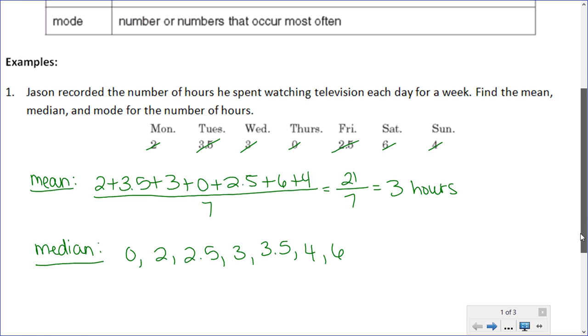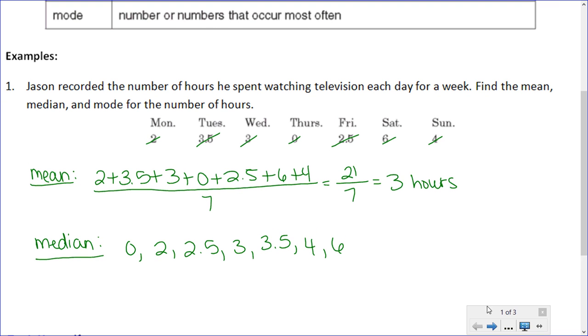Okay, so now our numbers are in order. Well, we want the middle number. So if you have a lot of numbers, sometimes it's helpful to actually count how many you have and figure out where the middle would be that way. But when you have a small set of numbers like we have here, it might be easier to just think about canceling out one at each end at a time. So like 0 and 6, and then 2 and 4, 2.5 and 3.5.